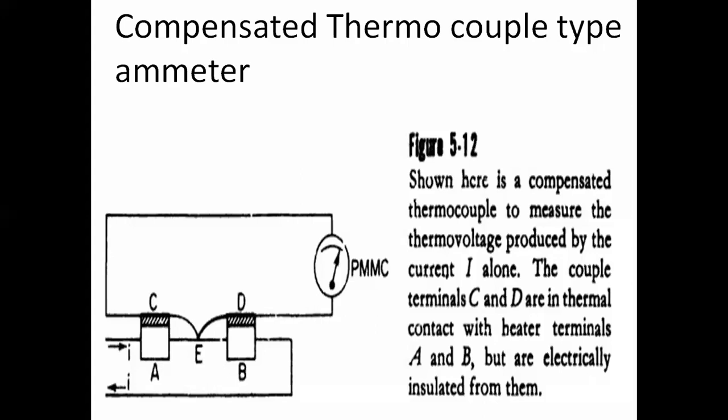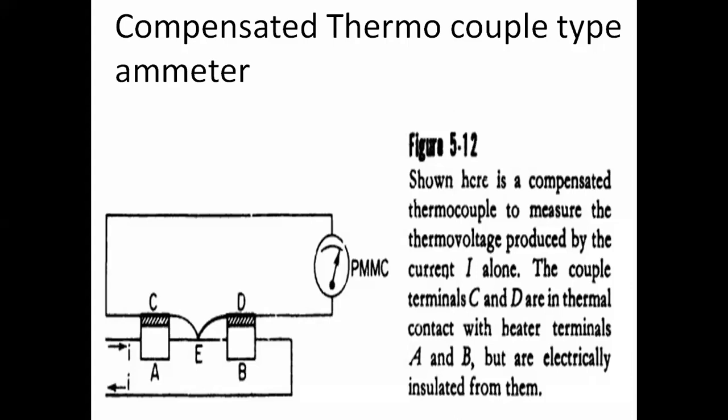And coming to voltmeters, in the voltmeters we have the basic meter, and from that basic meter we construct DC voltmeters, AC voltmeters, and ohm meters. By using a series resistor or multiplier connected in series with the basic meter, we get the DC voltmeter.